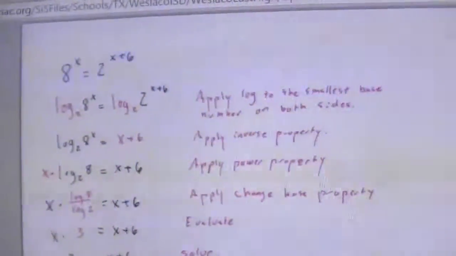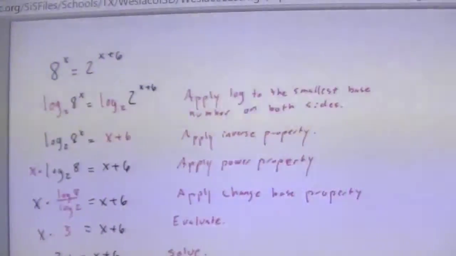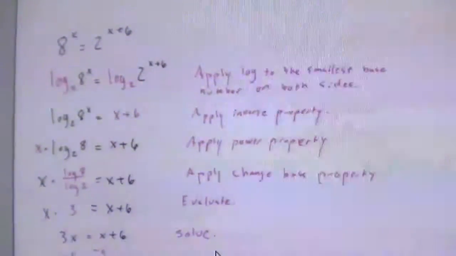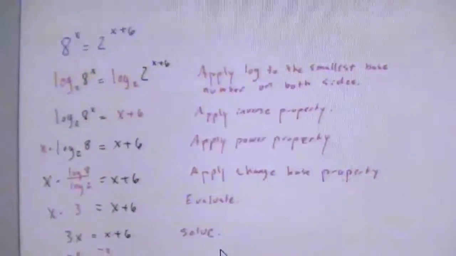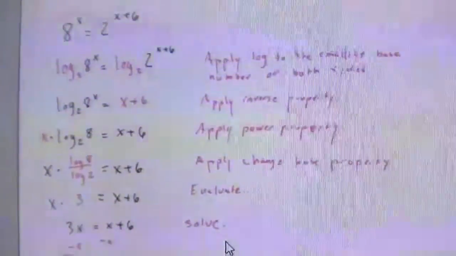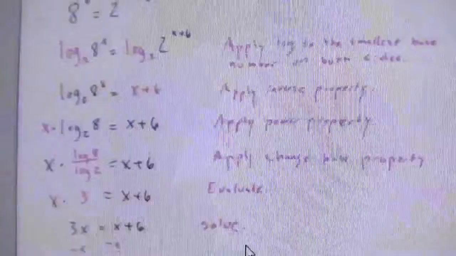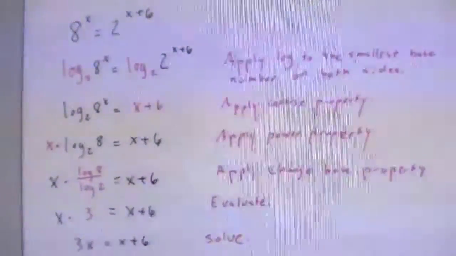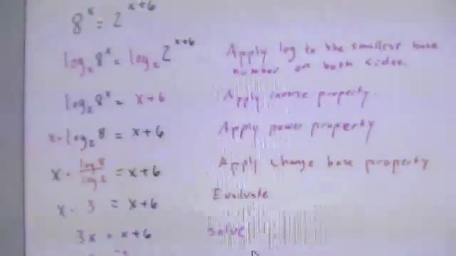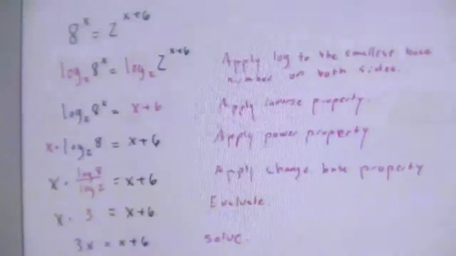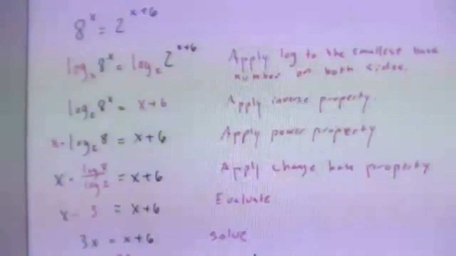and as you can see, the problem is here step by step. I want to bring your attention to the second step, in which we're going to apply the logarithm of base 2 to both sides, and you want to use the smallest base if possible.